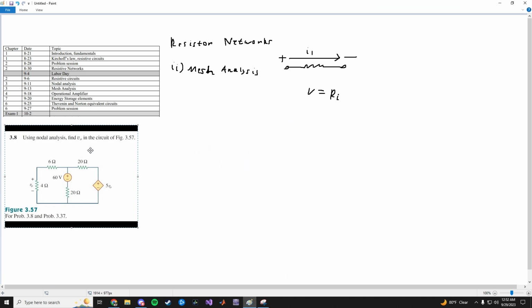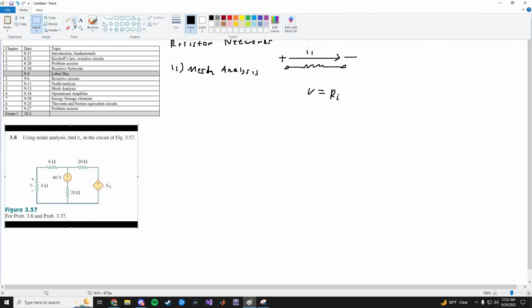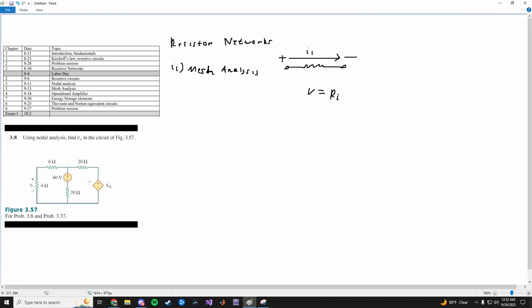So using nodal analysis, we have to find V0 in the circuit. Okay, so we first write the mesh currents. Call this one I1, and this one I2. So KVL at I1 is going to be, start from here, well, it's 4I1 plus 6I1 plus, that says nodal analysis.